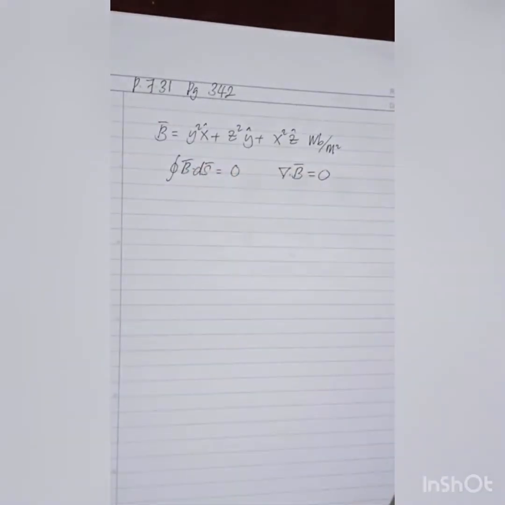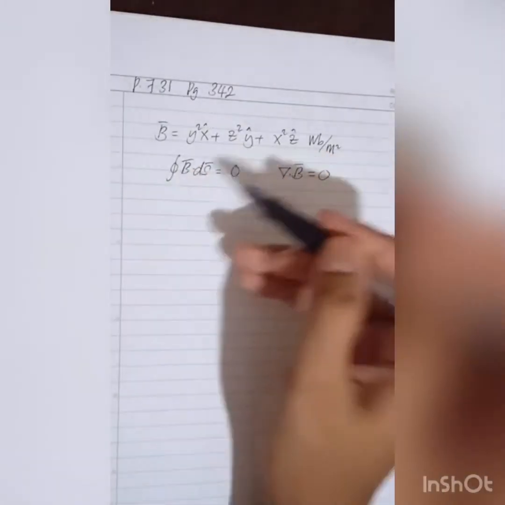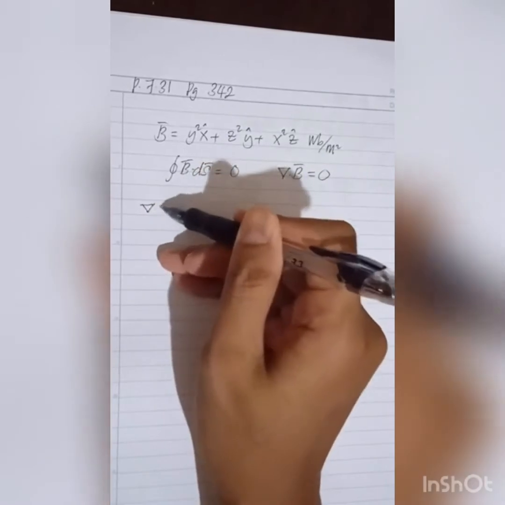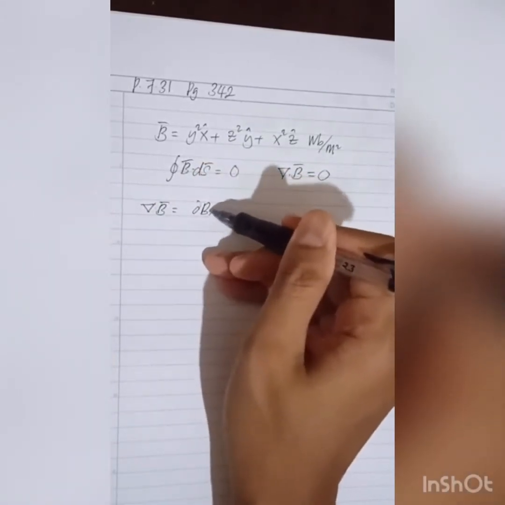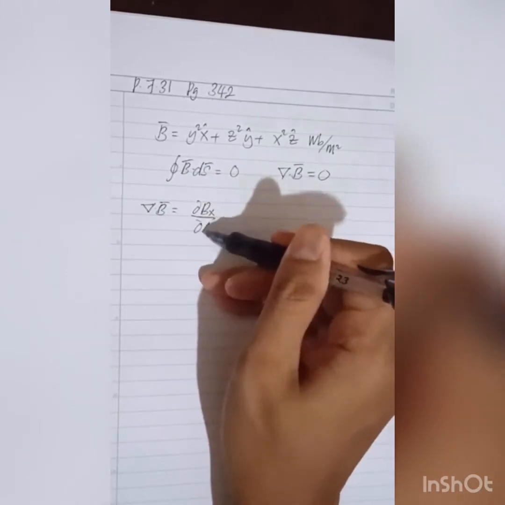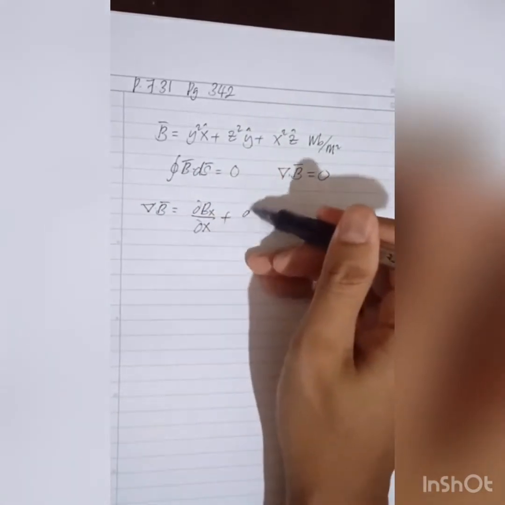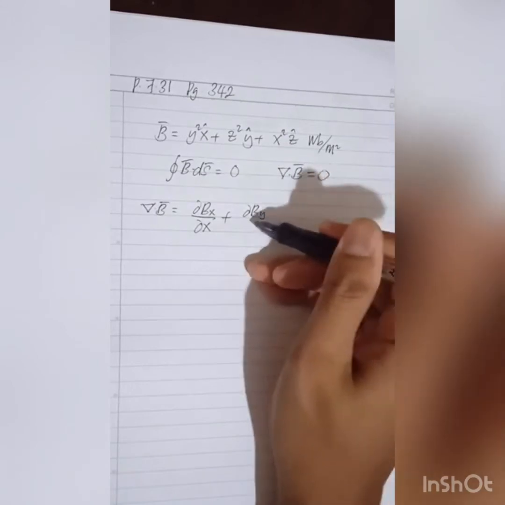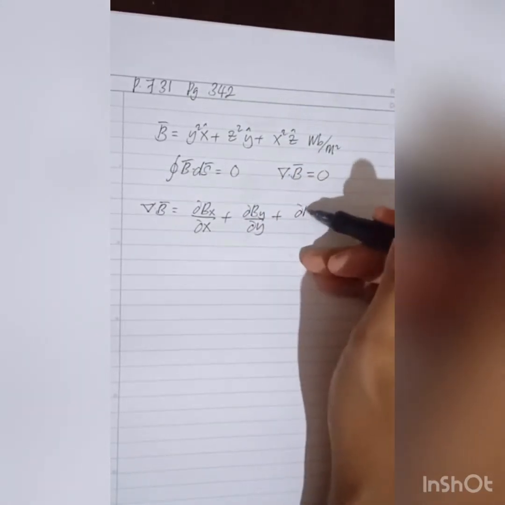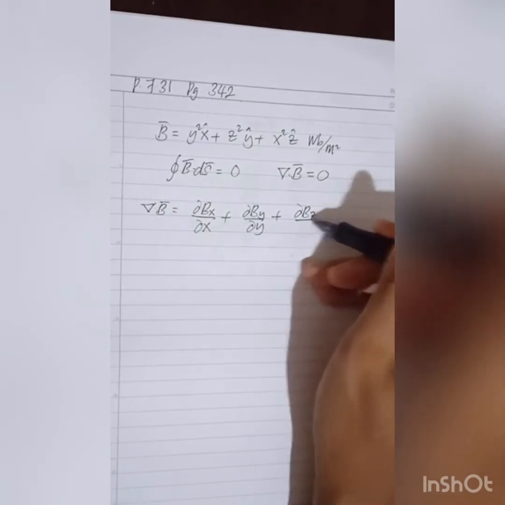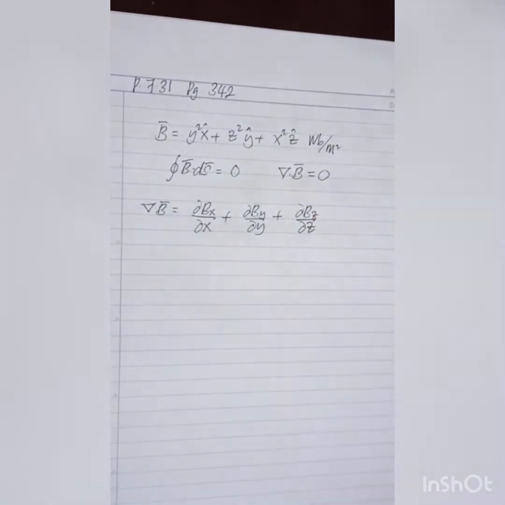Based on our table of divergence, you can see from your textbook, the divergence of B is equal to dBx over dx plus dBy over dy plus dBz over dz.